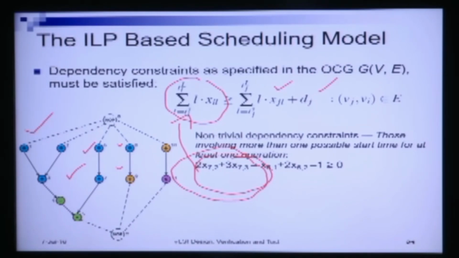If it starts in the 3rd time step, its time is given by 3 into x7 comma 3. Because only one of x7 comma 2 or x7 comma 3 can be 1, the value of this expression 2x72 plus 3x73 can either be 2 or 3.